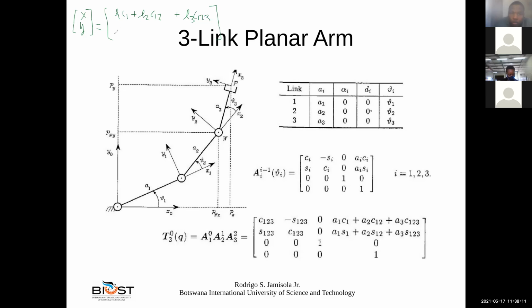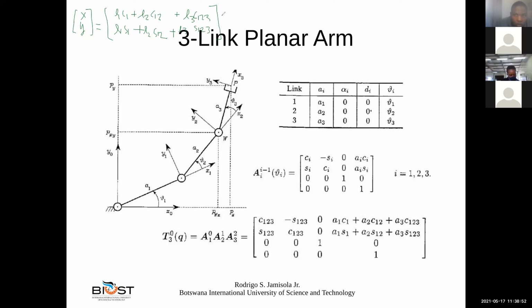And in the Y direction, you have L1 sine theta 1 plus L2 sine of 1, 2 plus L3 sine of 1, 2, 3. Your 1, 2, of course, is theta 1 plus theta 2, and 1, 2, 3 is theta 1 plus theta 2 plus theta 3. Then we can compute what your X and Y are. But in this case, we are going to use the DH convention, to see whether we can still get this information.